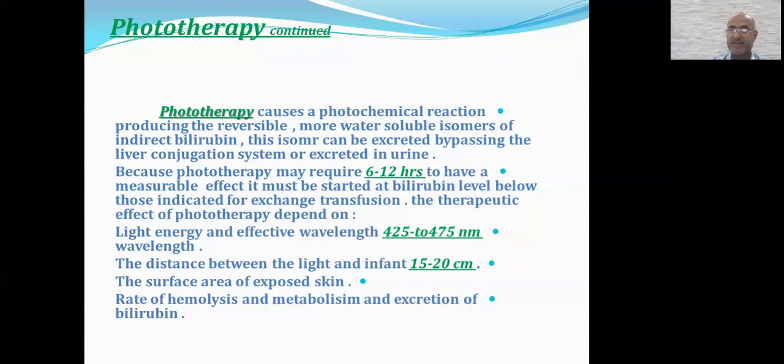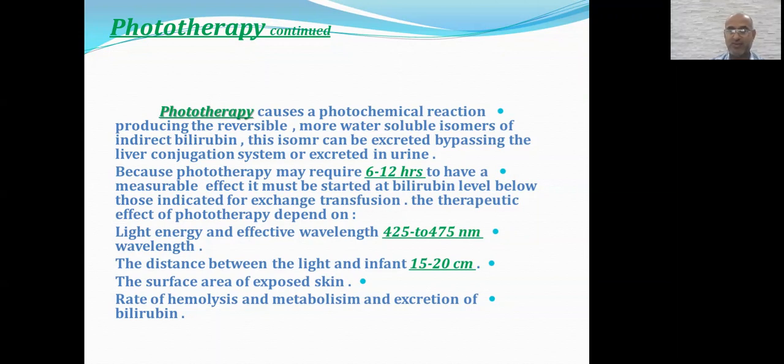So ordinary light, containing different wavelengths, is not effective. The distance between the light and the infant in the incubator should be within 15 to 20 cm. The surface area of exposed skin should be changed all the time.